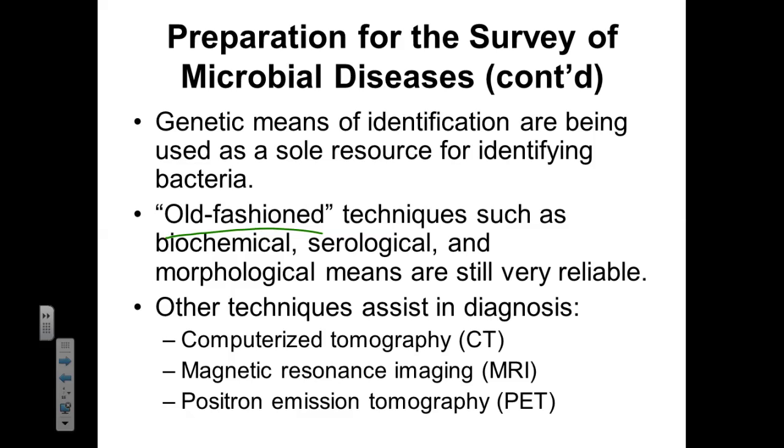And there are some newer methods that are now being utilized, such as CT scans, MRIs, and PET scans as well. These three techniques usually are going to be used in conjunction with the other two methods.